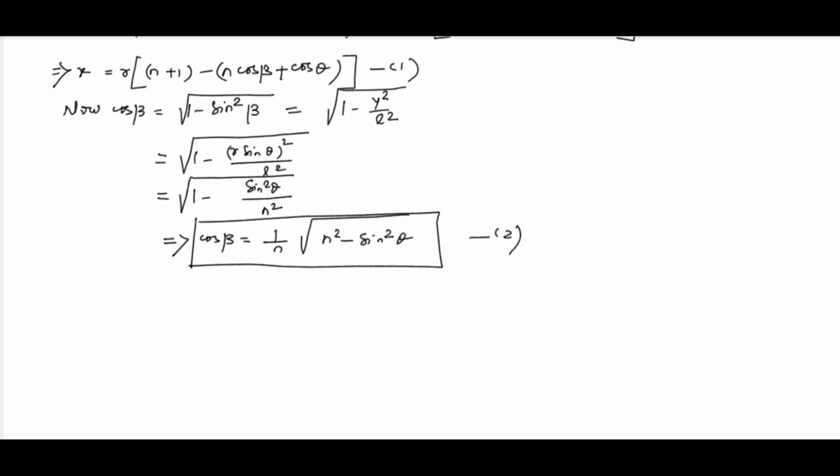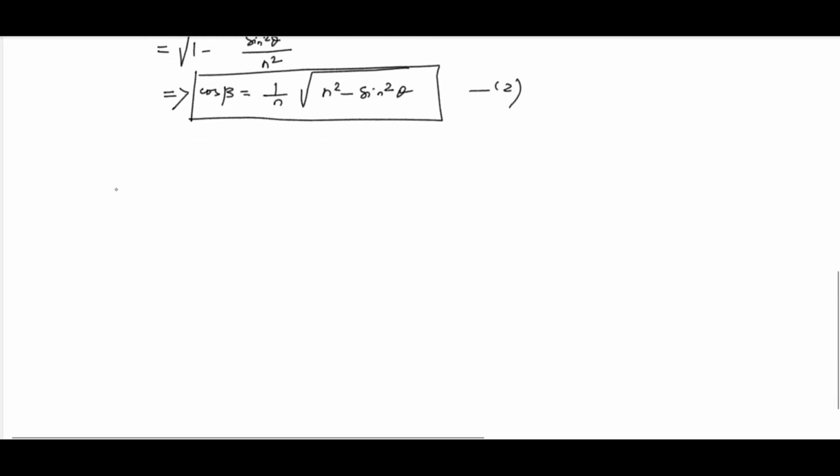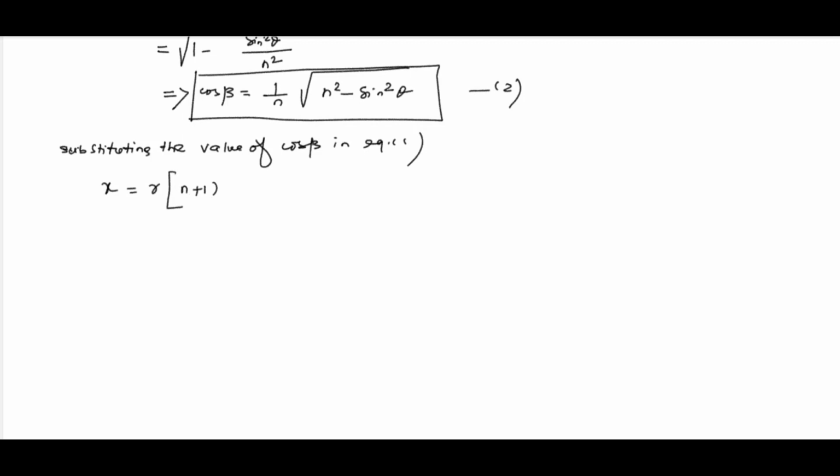Now substituting the value of cos beta in equation 1, we can express this X as r into (n plus 1 minus (n cos beta plus cos theta)), or we can write this as r into (n plus 1 minus (root over of n square minus sine square theta plus cos theta)).